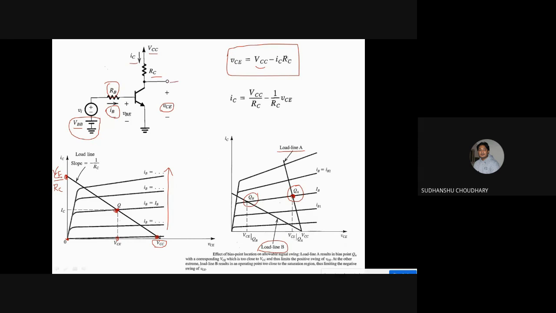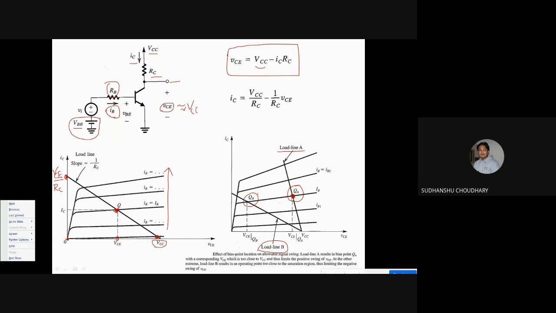So this is VCE here, and if VCE is equal to VCC, that is collector to emitter voltage is very close to VCC, then what happens here? That is, the entire VCC drops here. So that means nothing drops across this collector resistance. So that means collector current is 0, right? So that tells me that I cannot bias this transistor at this point. Similar to what we had talked about for MOSFET, right?